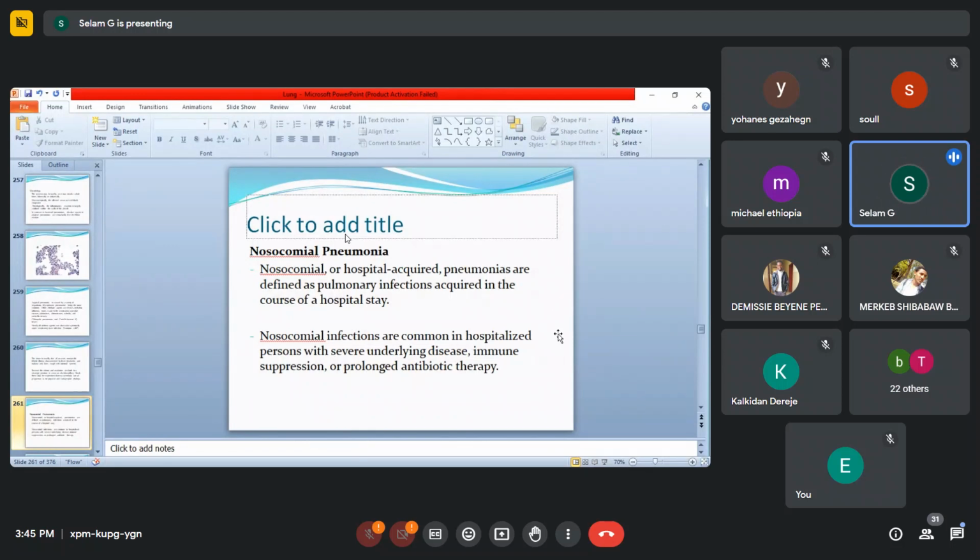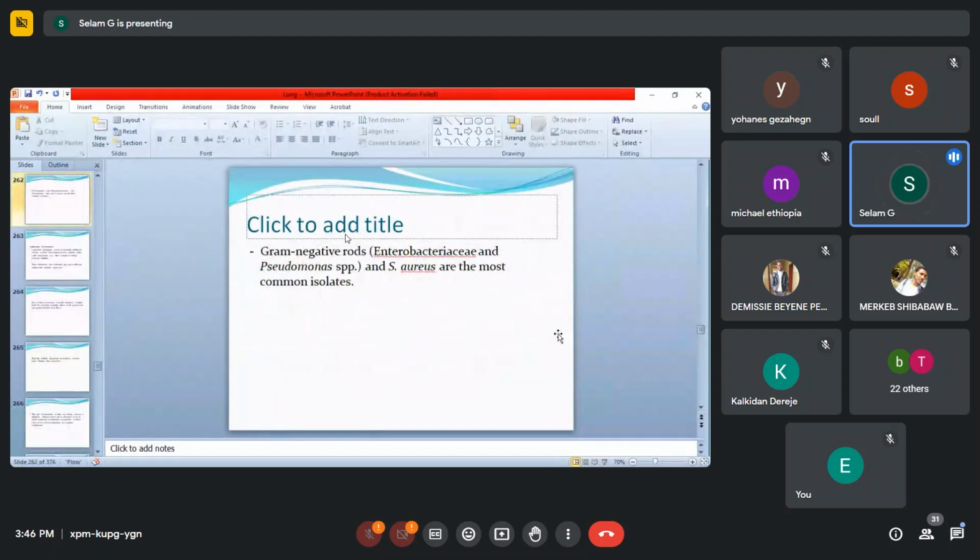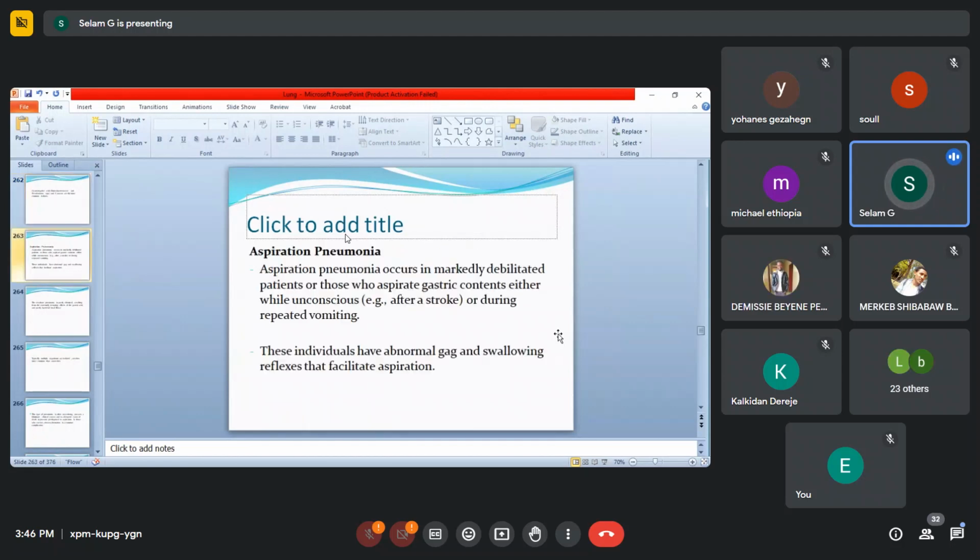So the inciting agents you suspect in this kind of setting are not those causing pneumonia in the community. Nosocomial infections are common in hospitalized persons with severe underlying diseases, immune suppression, or prolonged antibiotic therapy. Gram-negative rods like Enterobacteriaceae and Pseudomonas and Staph aureus are the most common isolates in this group.